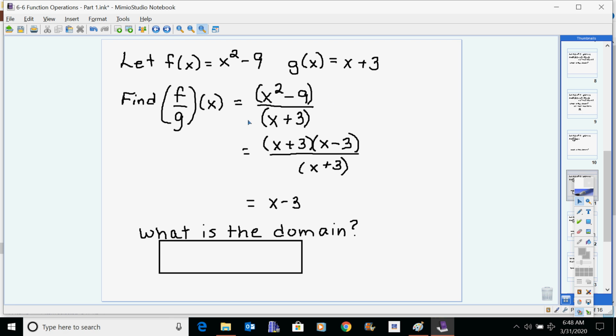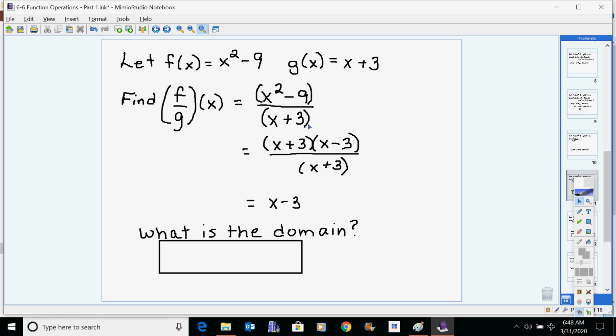You have to make sure there is no 0 in the denominator. In other words, x plus 3 can't be equal to 0. Even though we simplified it down and it got canceled out here, in the original function, x plus 3 can't be 0.